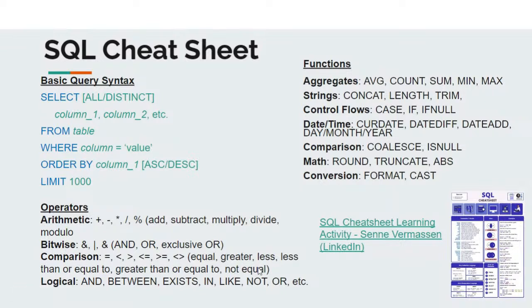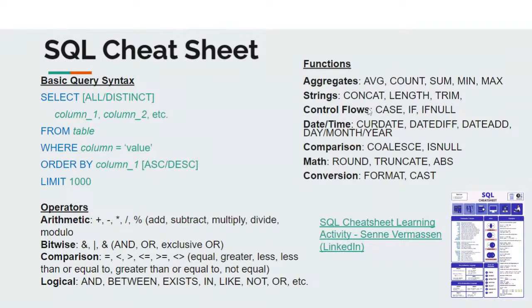You can use comparisons in your where statements. Not usually a lot of bitwise operators, but they include this in the SQL cheat sheet. But definitely the logical, where you use and, between, exists, in, like, not, or. You can use those both in the where clause or like a case statement in your select.